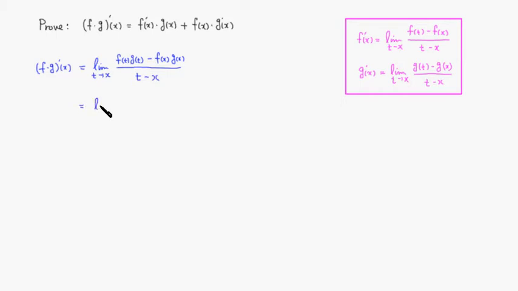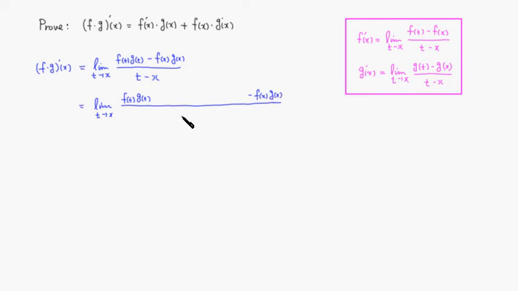You have a limit as t approaches x. I'm going to expand the numerator a bit by using an add and subtract trick. So you have f of t and g of t, and I put the second term at the very end, so it's minus f of x times g of x.